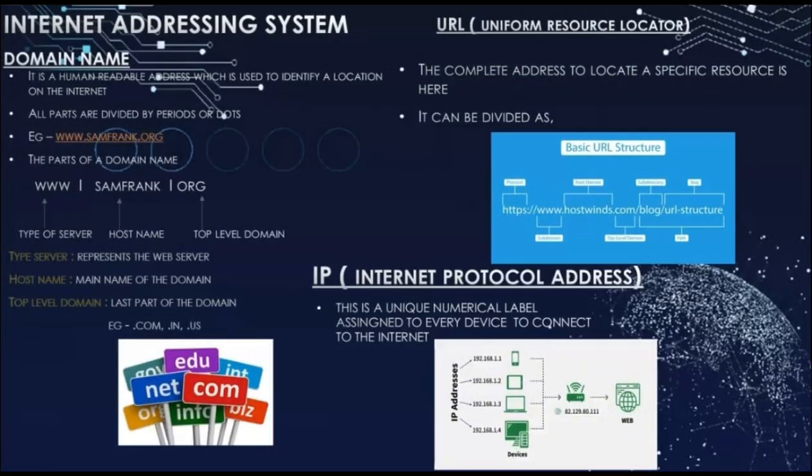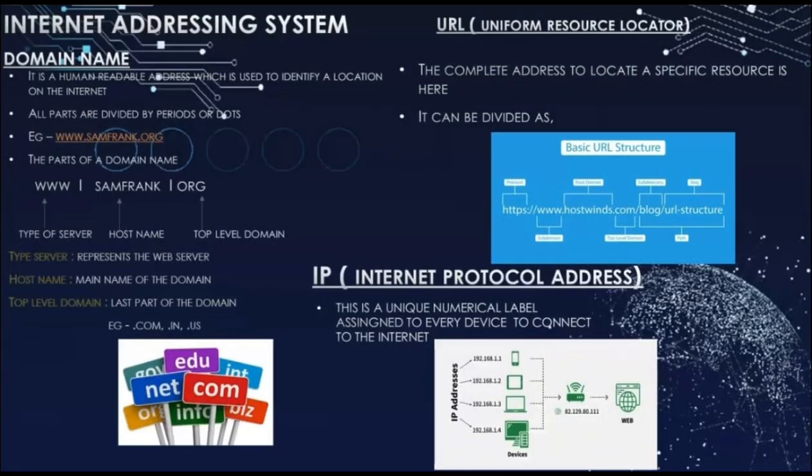For example, in the domain name given, www represents the web server, samfrank is the host name and org is the top level domain. Top level domains are com, in, and us, and there are lots of top level domains in the world.